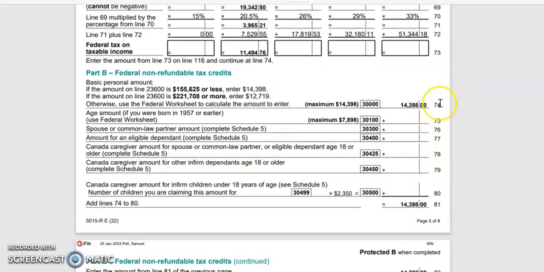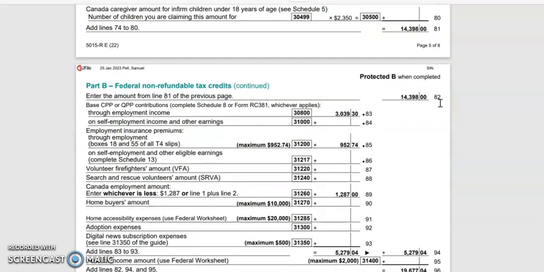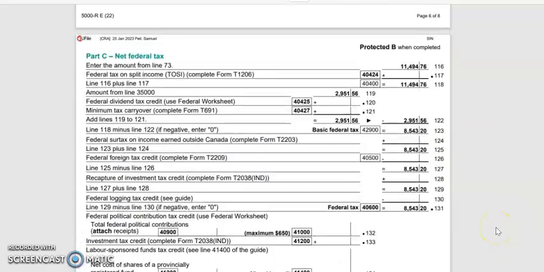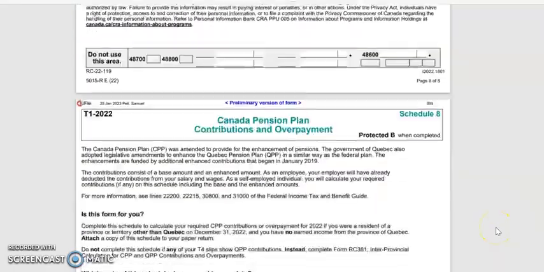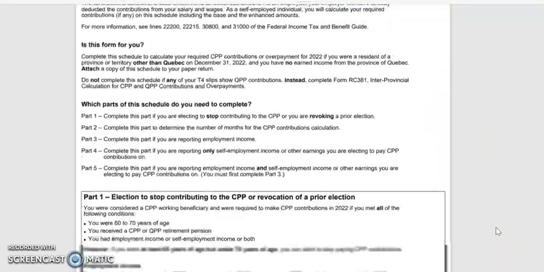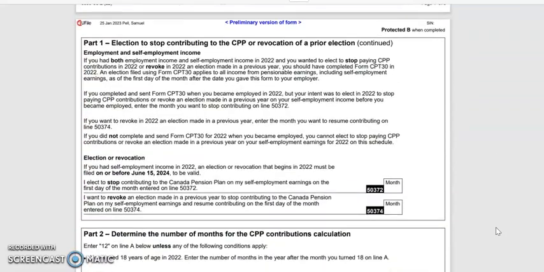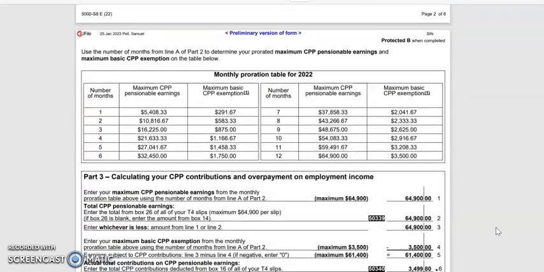So we filled in the basic personal amount, which we talked about. And now over here, the base CPP contributions, complete Schedule 8. So we're going to go back down to Schedule 8, which is the CPP. Here we go. So Schedule 8, we filled all this in already.